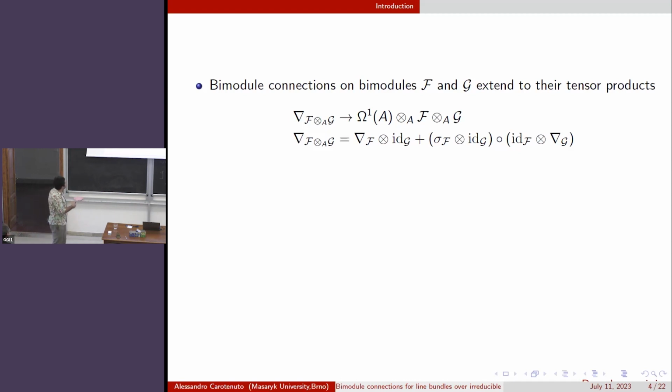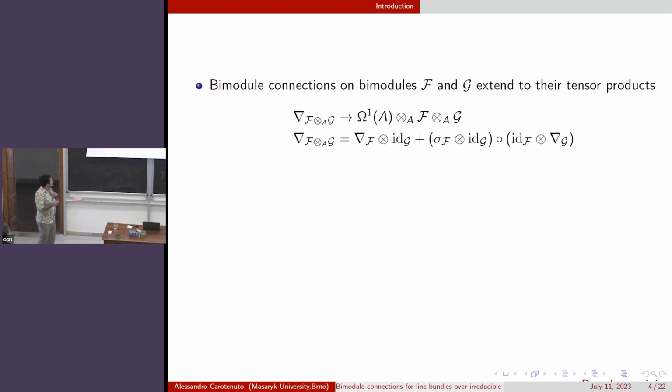How? In this way, the connection on F tensor G is defined with this formula where on the first part, not much is happening. I'm just evaluating the connection on the first component. While on the second part, first I evaluate the connection on the second component, then I take advantage of the bimodule connection map sigma that flips these two. And in this way, I have a well-defined connection on the tensor product of these two.